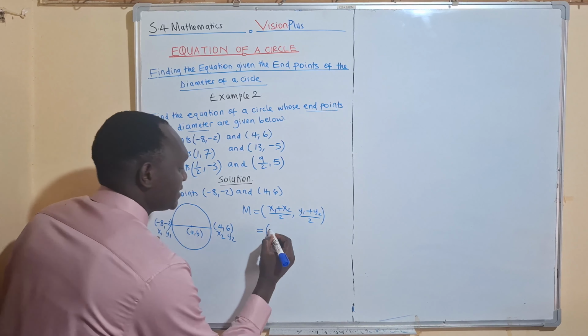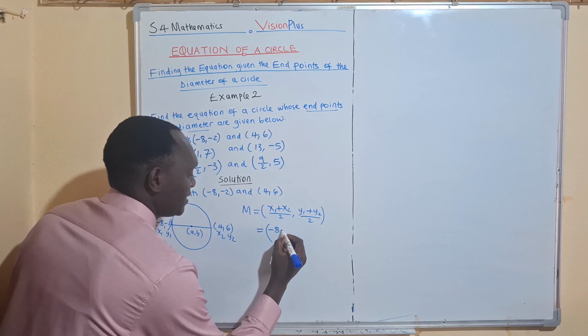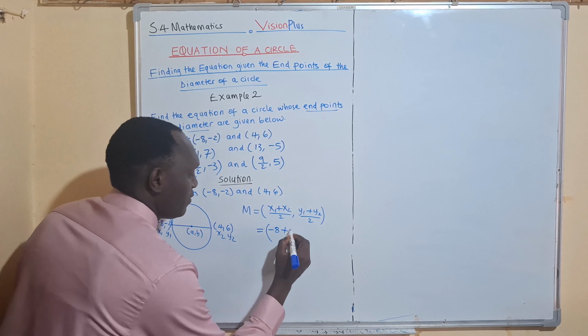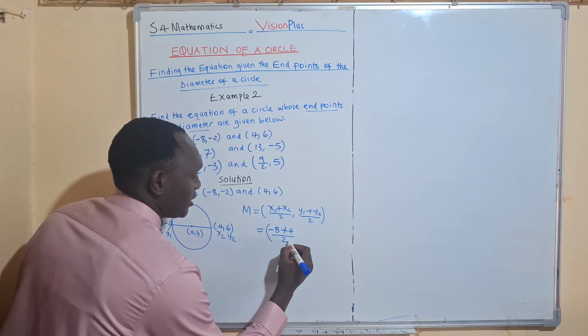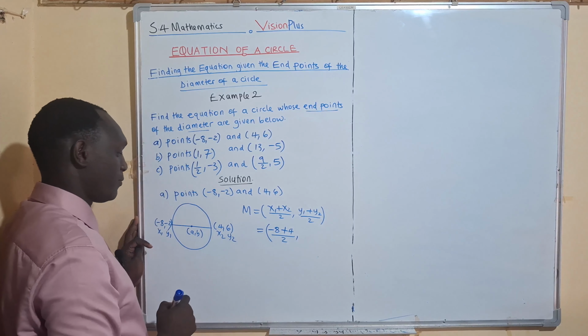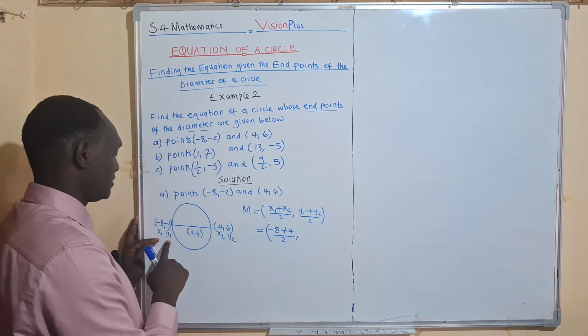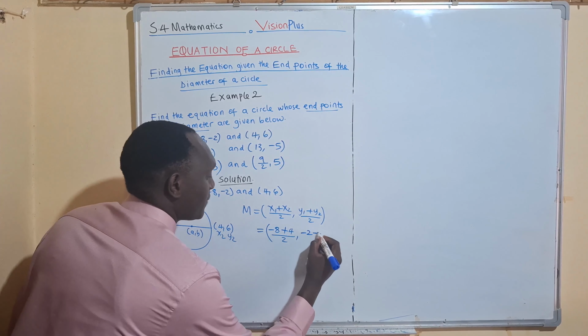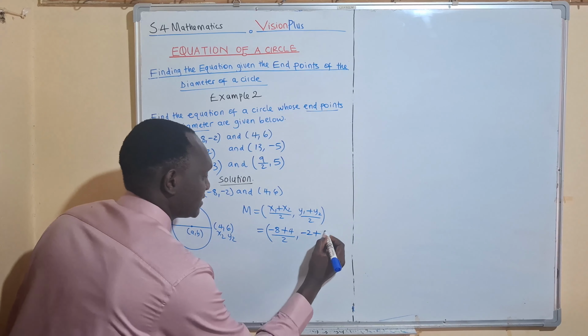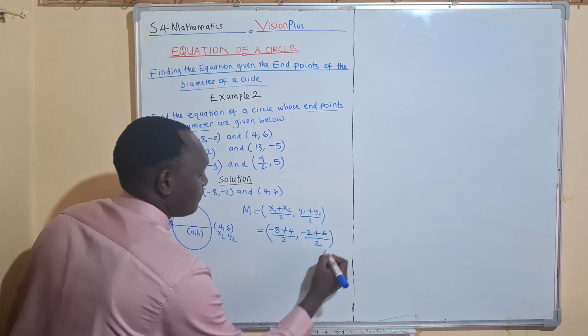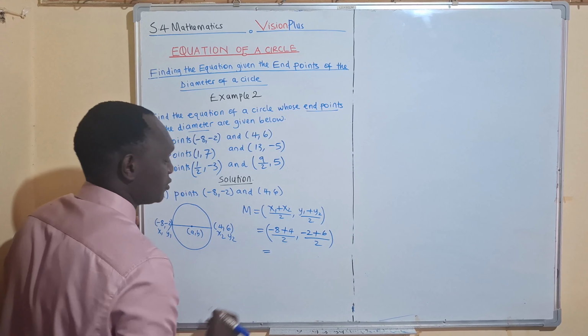x1 is -8. Please carry the signs. -8 plus x2 is 4, and then divide by 2, comma, y1 is -2 plus y2 is 6, and then we divide by 2. And then you add and divide by 2.